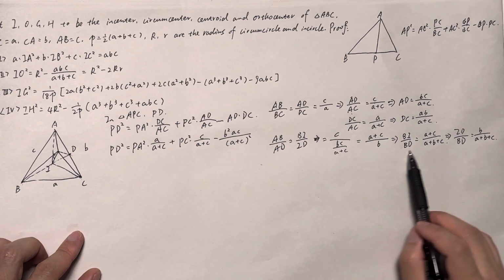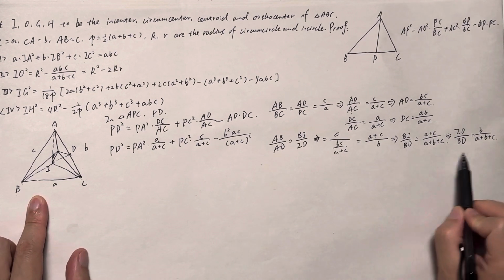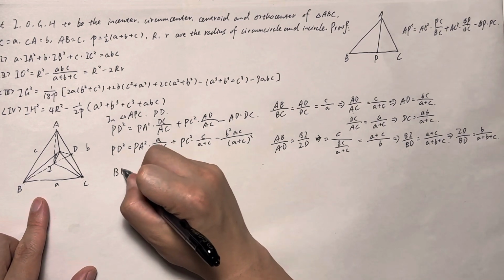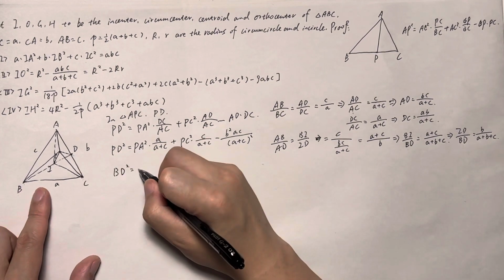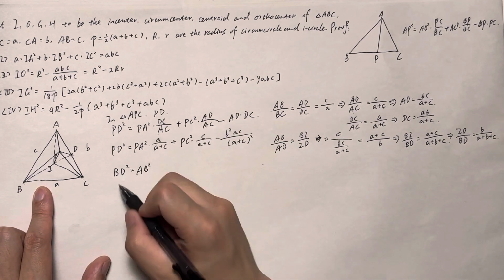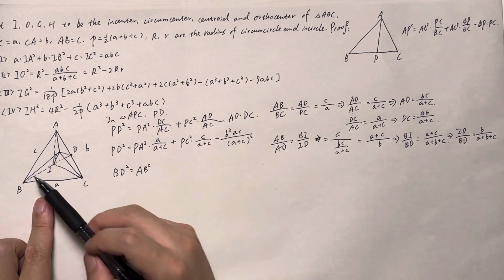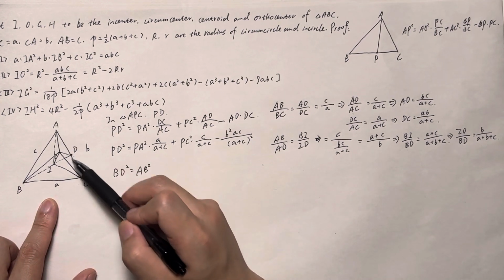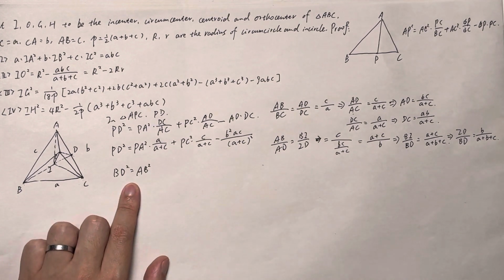We got this, and yet we want to know the length of BD, so we can calculate from BD squared. Actually, we have this calculation before, but let's just write it again.